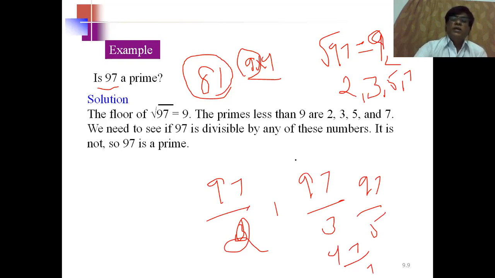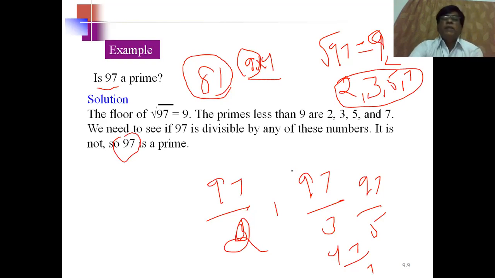So 2 does not divide, 3 does not divide, 5 also not, 7 also not. Now you can say 97 is prime. These 4 numbers are the primes under 9, and none of them divides 97. That's why 97 is prime.